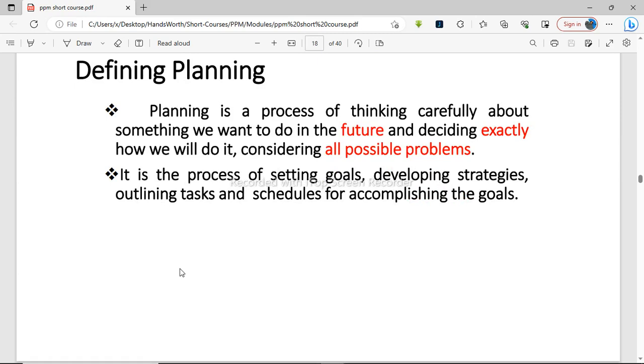Planning can be defined as a process of thinking carefully about something we want to do in the future and deciding exactly how we'll do it, considering all possible problems. If you remember, we talked about how each project that you endeavor to implement always has uncertainties, isn't it? And we said a good project manager should always try to look at all angles of things or factors that might affect a given project.